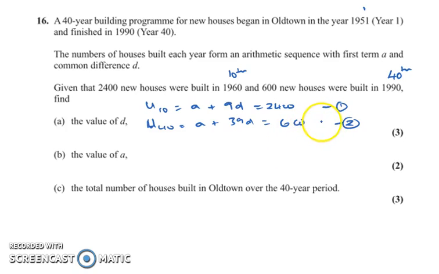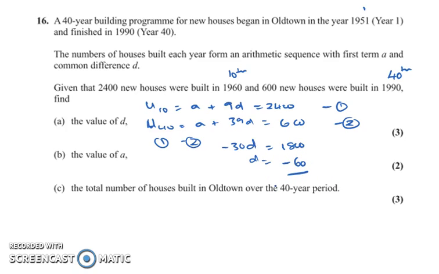Should we do equation 1 take away equation 2? So we have 9 take away 39, which is minus 30D, and 2,400 take away 600 is 1,800. So that leaves us with D as minus 60.